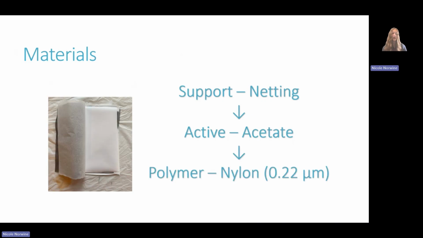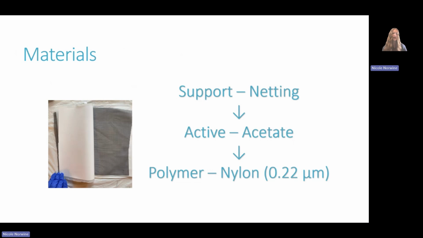The final layer would be the polymer or polyamide membrane material, which would be nylon, with a pore size of 0.22 micrometers. This would continue on for another 5 layers. In commercial grade or normal lab scale grade membranes, there would be much more layers, much more fabrication. I just did not have the means to do so.